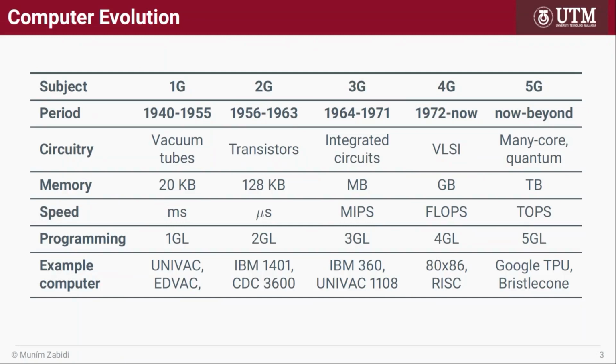And then speed-wise, previously we measured by the cycle time. So how fast is your computer? We measure by how many milliseconds it needs to run one cycle, and then it goes down to microseconds. By the third generation, we look at the performance in terms of millions of instructions per second.